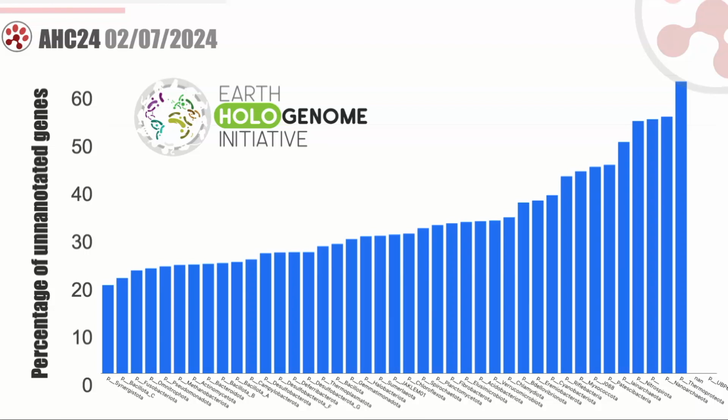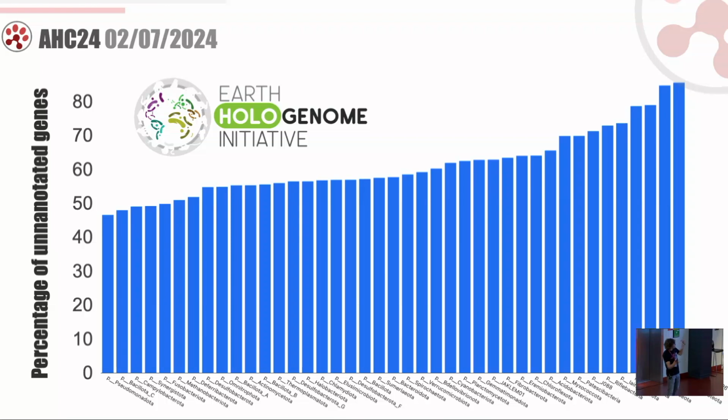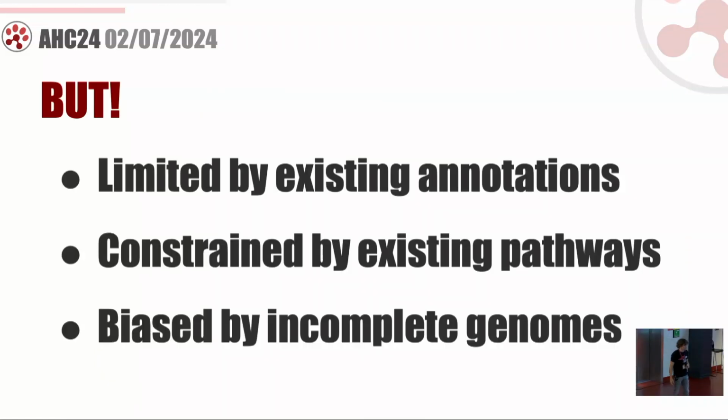We can see, sorted by the most unannotated, that 60% of the genes that have been predicted in this phylum do not have any annotation at all, and this is based on ensemble annotations using PFAMs, MEROPS, CAZymes, KEGG, etc. And if we reduce that to the KEGG orthologs, then we see that on average, like 50% of the genes we annotate in these genomes don't really have a KEGG annotation yet. So everything that I told you that could be done cannot be done, actually, or can be done only with half of the genes there, while having the other half that we have no idea what's going on.